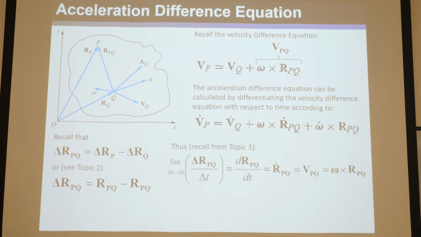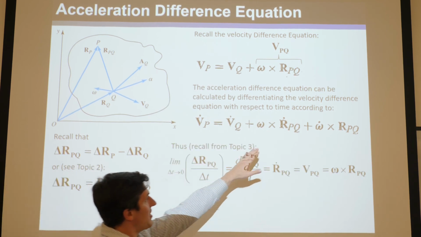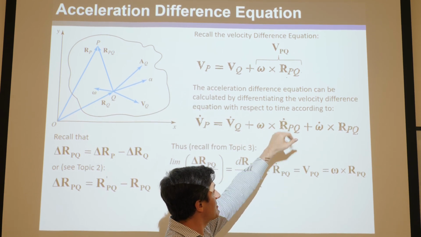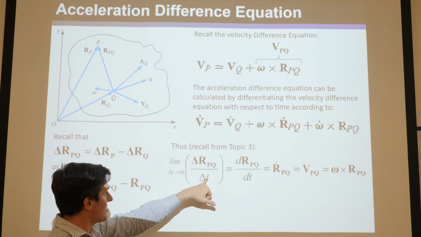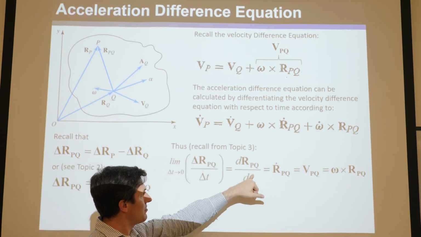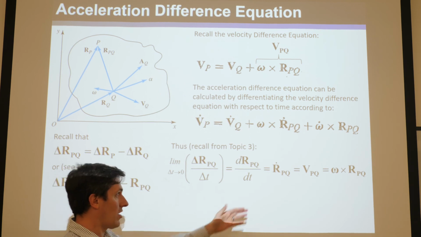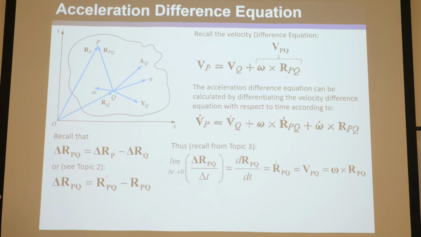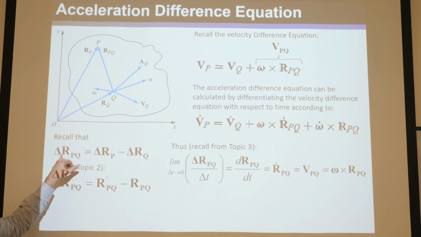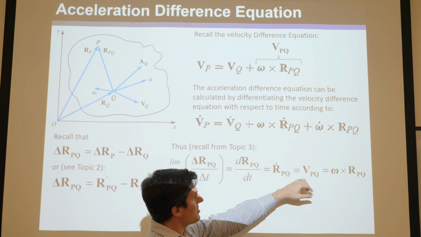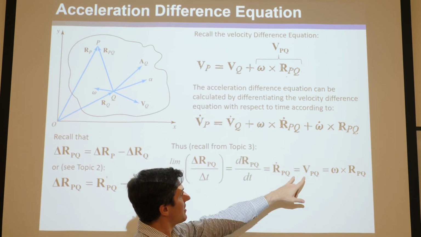Okay, so if you want to find out what this term is, RPQ, take a derivative with respect to time, that's what the dot is, where delta t approaches 0, so d RPQ over dt, or RPQ dot, then you could see that if you take the derivative of these with respect to time, you're going to get VPQ, which is basically the velocity difference vector.